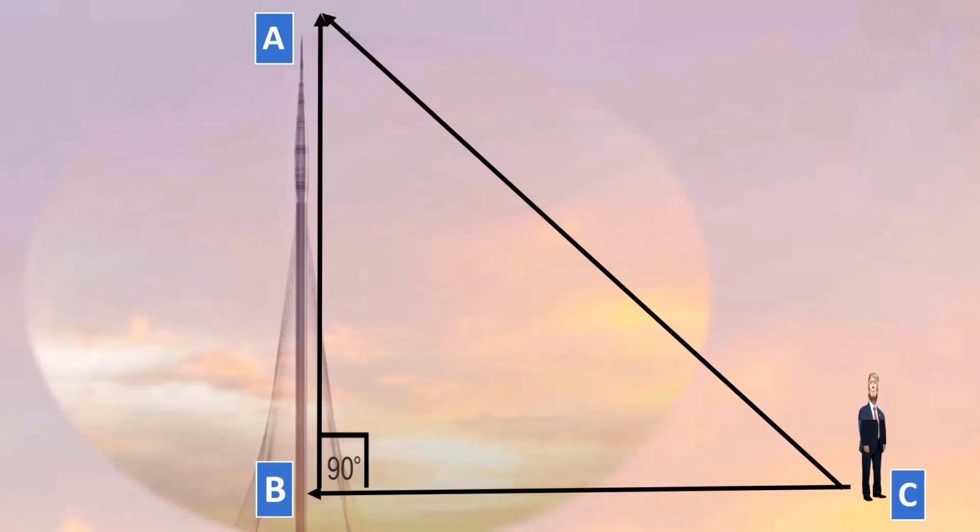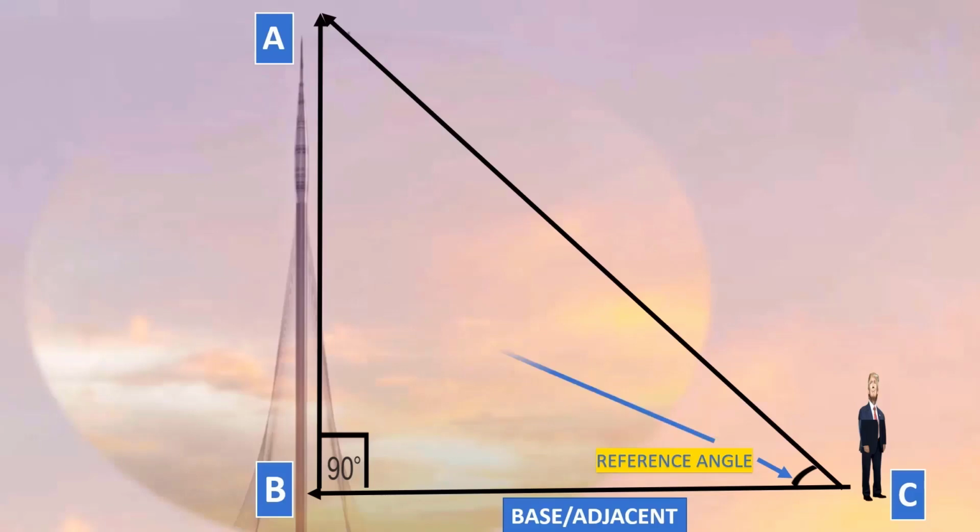You have a base or the adjacent. The adjacent or the base lies along the reference angle. You have the opposite side. In this case, the opposite side is the side opposite to the reference angle, or the point where Mr. Trump is standing. So what lies opposite to the point where Trump is standing?